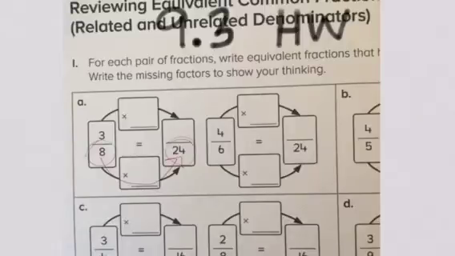So if you need a multiplication chart, pause the show and go grab one. But I'm going to move on. So 8 times 3 is going to equal 24. And we also learned today in class that whatever I do to the denominator, I also have to do the same process to the numerator. So if I multiply the denominator by 3, the bottom number, I have to multiply the numerator by 3 as well.